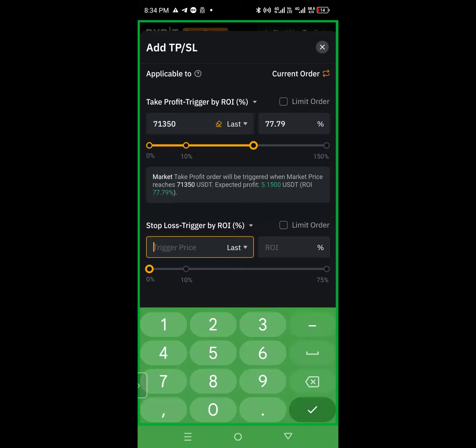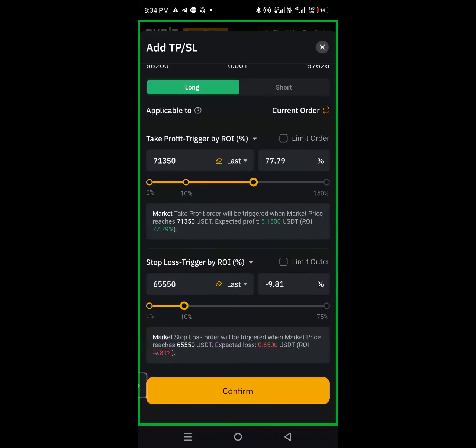Stop loss price is 65,550. Now let's see what our expected loss is. Expected loss is 0.65. And we all see that expected loss is 0.65.